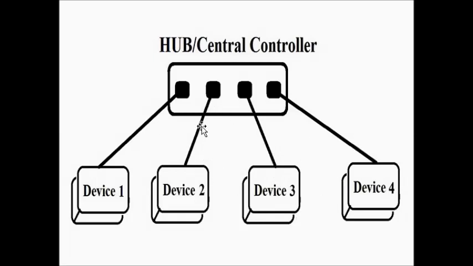The data transfer can go on uninterrupted between devices 2, 3 and 4 and the central controller, until this link is repaired. This is the reason it makes this topology quite robust. Any damage to a particular link does not affect the entire system.